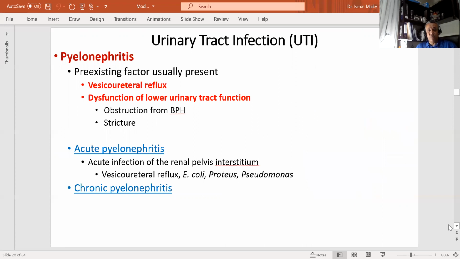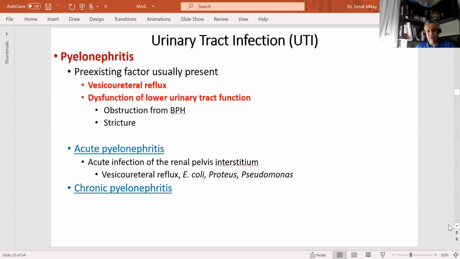Pyelonephritis is the inflammation of the pelvis of the kidney. These are the two main pre-existing factors: vesicoureteral reflux and dysfunction of the lower urinary tract.